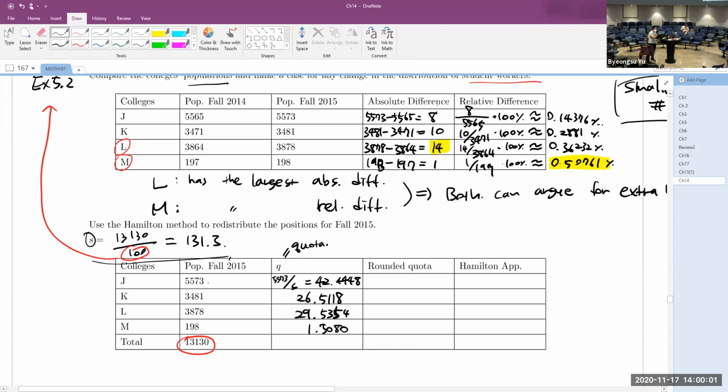So the quota Q is always the population divided by S in any method.